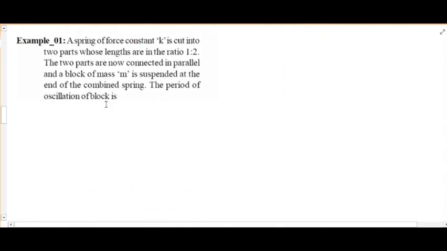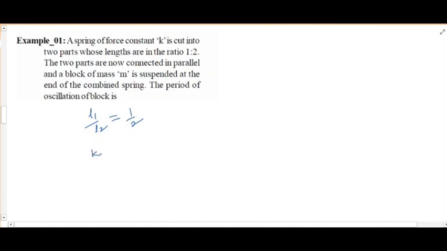A spring of force constant K is cut into two parts whose lengths are in the ratio 1:2, and a block of mass M is suspended at the end of the combined spring. The period of oscillation of the block is? The lengths are in the ratio L1 by L2 is equal to 1 by 2.